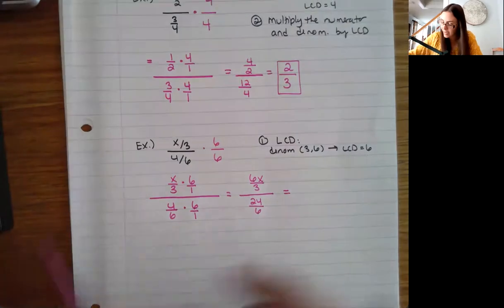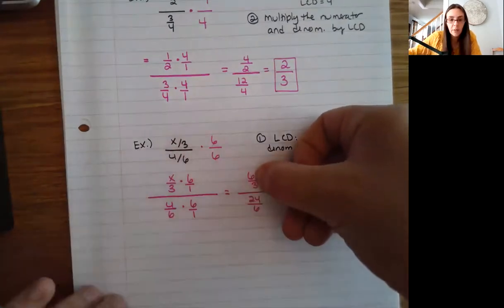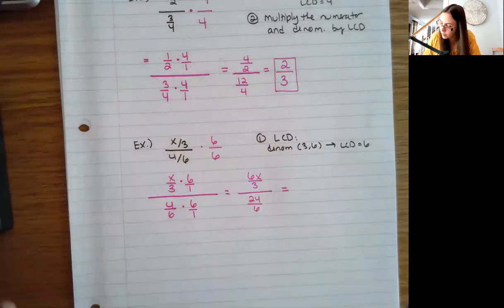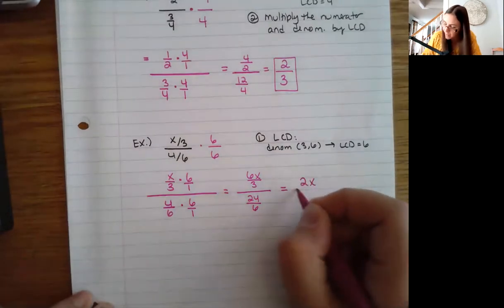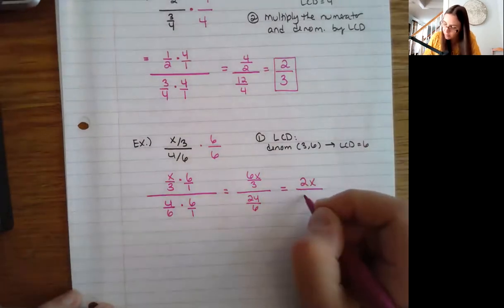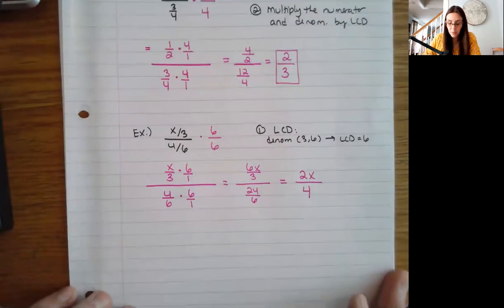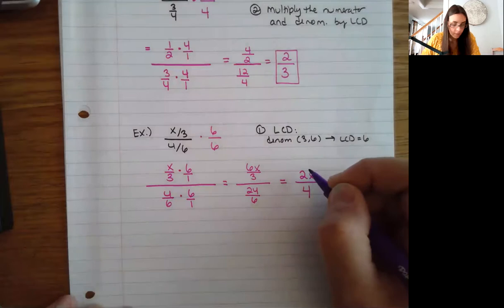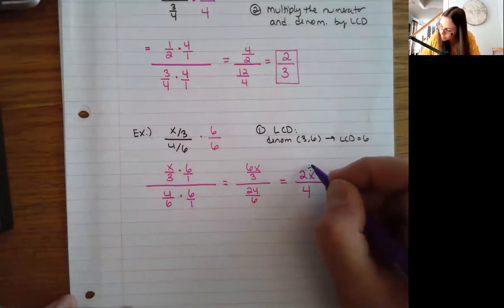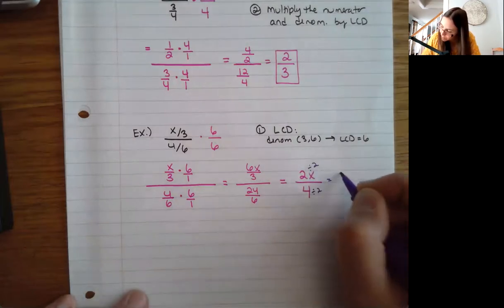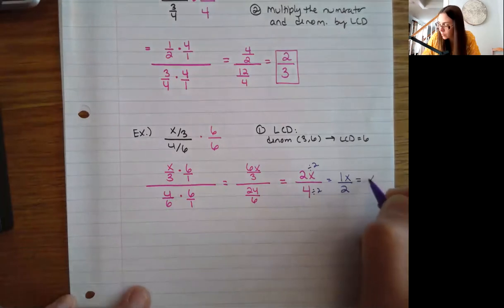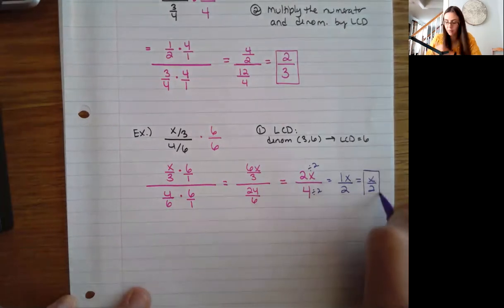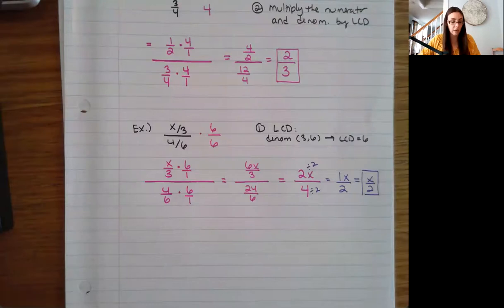So if we just figure out this x for a second, 6 divided by 3 is 2. So my numerator becomes 2x, and then 24 divided by 6 is 4. Now just be careful. I do have a little simplifying I can still do here. So I can divide these each by 2, and I have 1x over 2, or just x over 2. So we get the same answer as we did before, just again, a different strategy here.